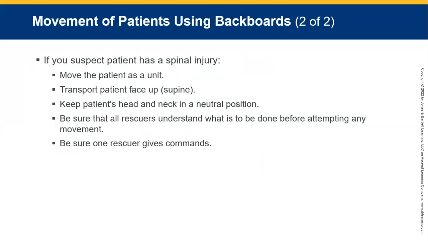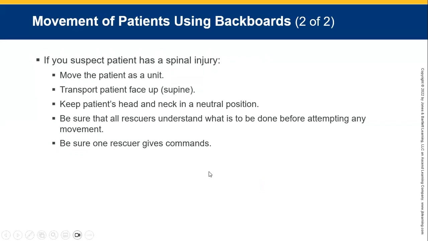Remember, with spinal injuries, move the patient as a unit, nose, center of pubic bone and sternum in alignment. Always transport the patient face up, supine, and the patient's head and neck must always be in a neutral position. As I said, be sure the rescuers understand what is to be done before attempting any movement.